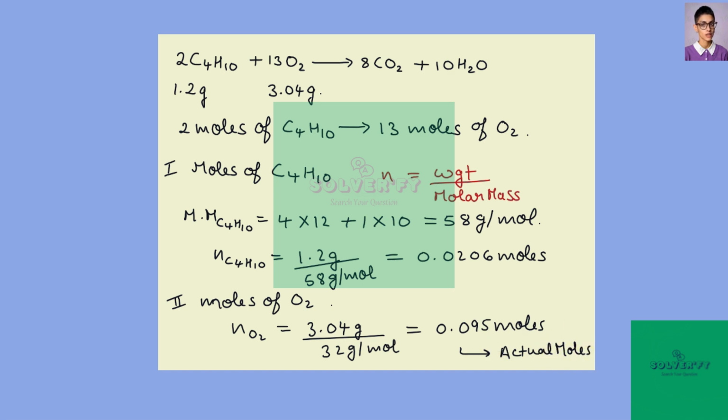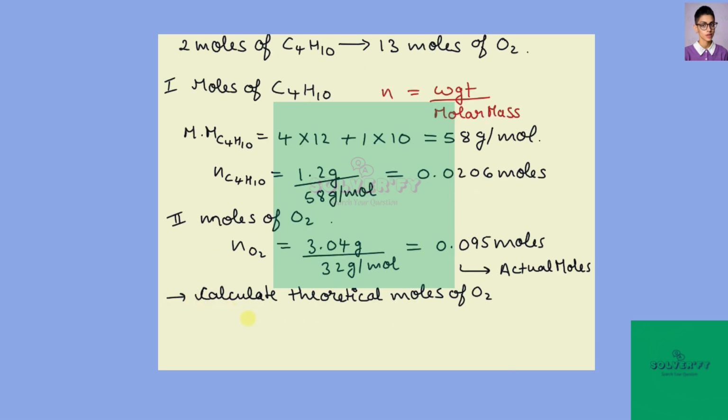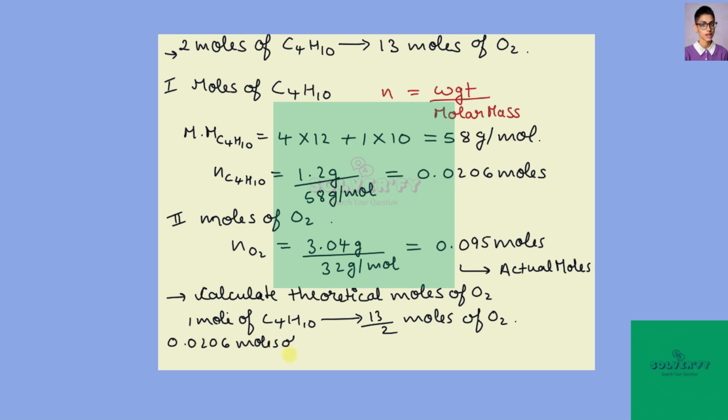So now we will be calculating the theoretical moles. To calculate the theoretical moles of oxygen, as we can see from this relation, 1 mole of butane, C4H10, requires 13 upon 2 moles of oxygen. So we have 0.0206 moles of C4H10.